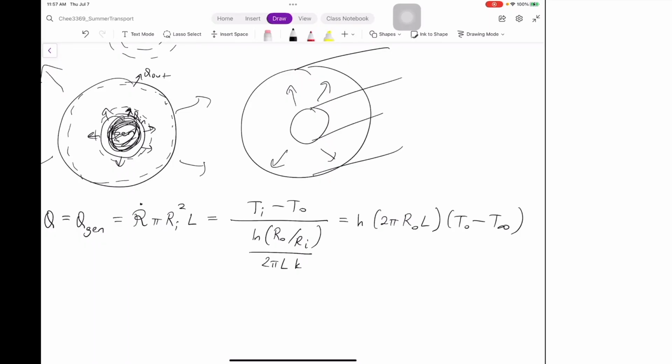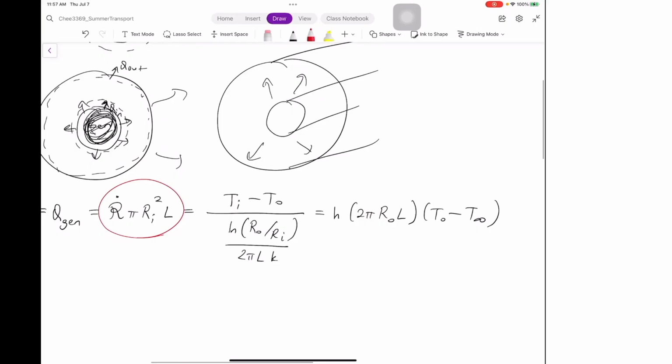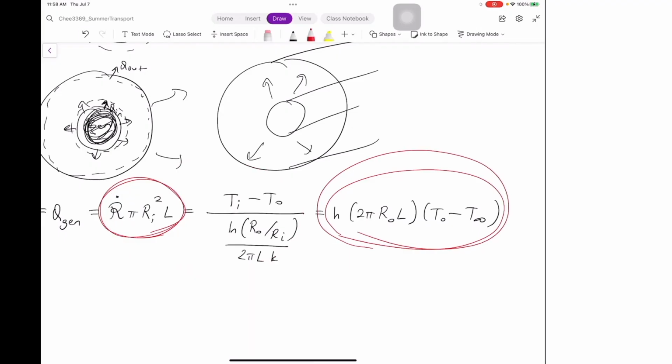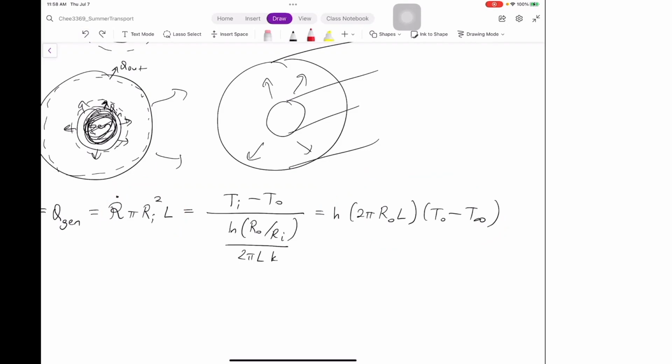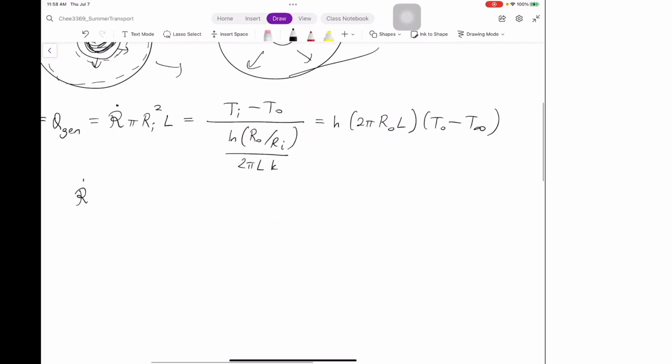You have two equations here. You can make use of this equation first, and then this equation. If you use this equation, the only unknown is T out, so you can find T out from here. It gives you the following: the generation rate times pi Ri squared L is equal to 2 pi R out L h times T out minus T infinity.